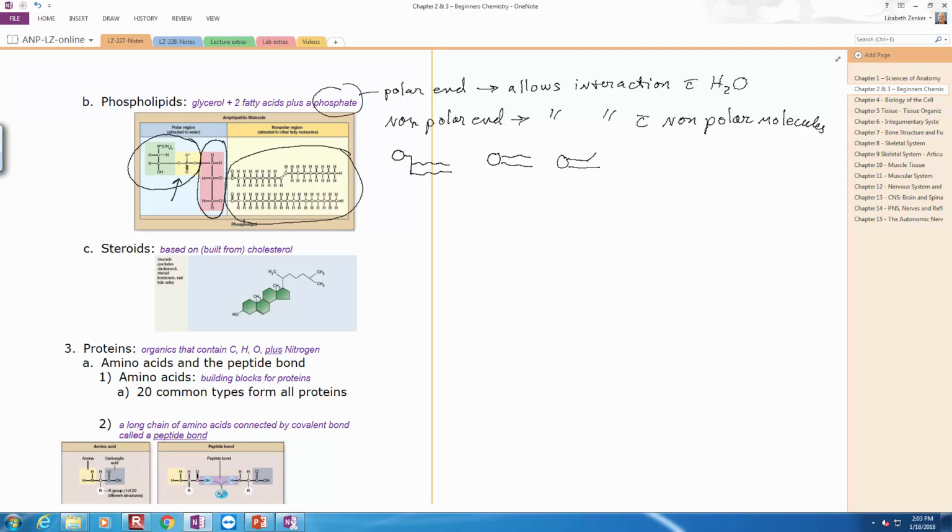And it changes. Things move around and stuff. But basically you would end up having your heads here and the non-polar fatty acid chains in the center of that bilayer.